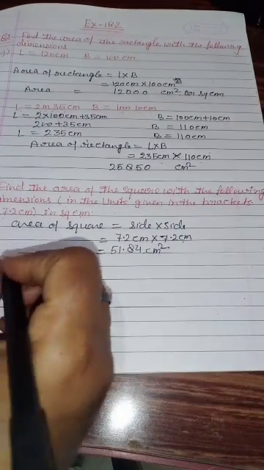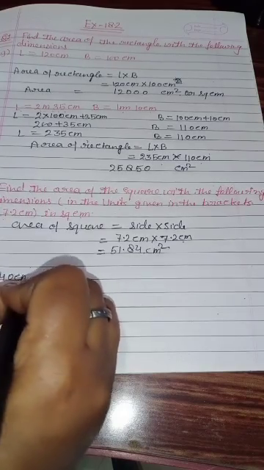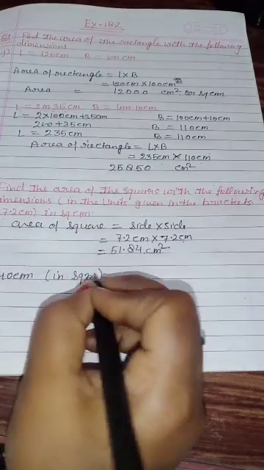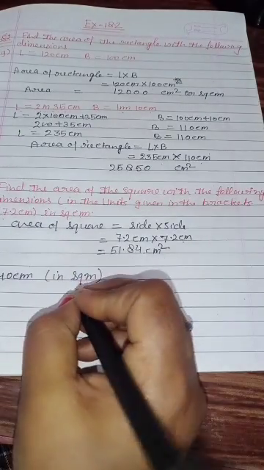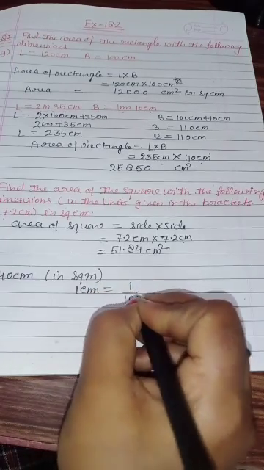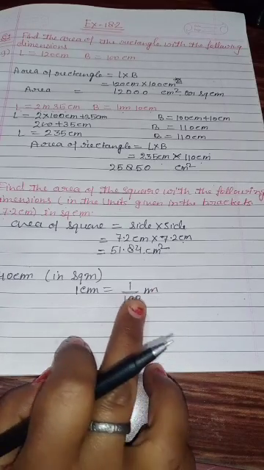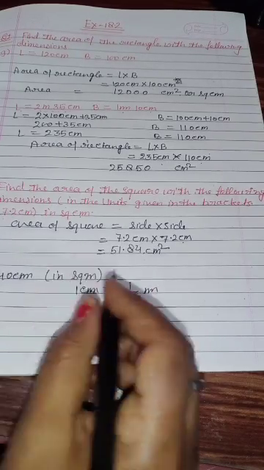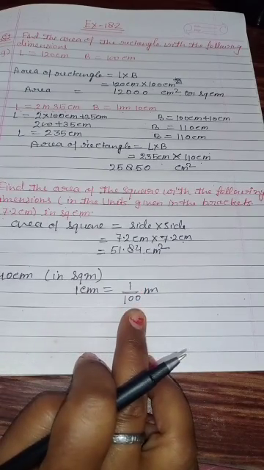Okay. Now come to the B part. This time the side is given as 240 centimeter, and you want the answer in square meter. In centimeter it is given. So 1 centimeter is equal to how much? 1 upon 100 meter, because 1 meter is equal to 100 centimeter. If I would like to convert centimeter into meter, then I have to divide it by 100.